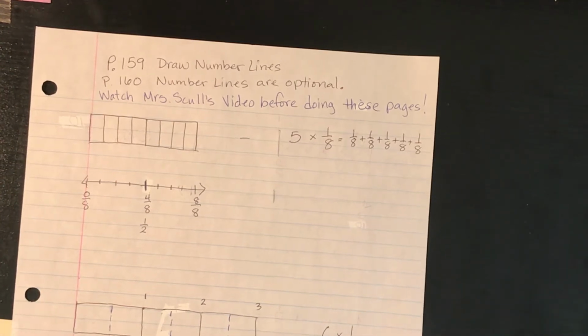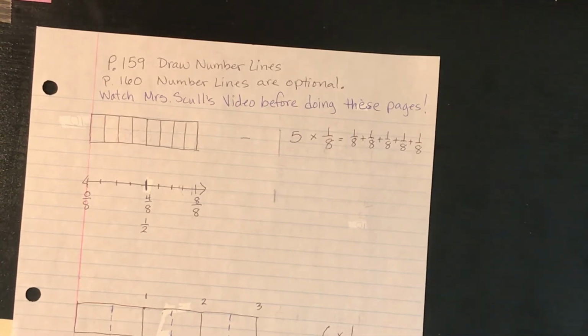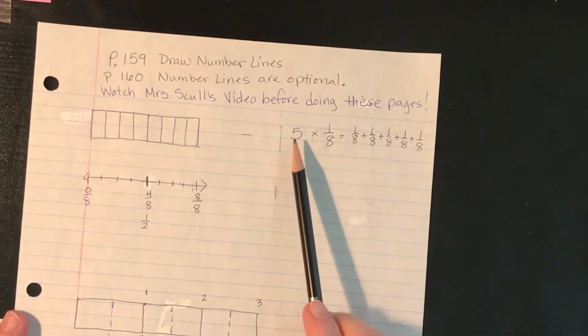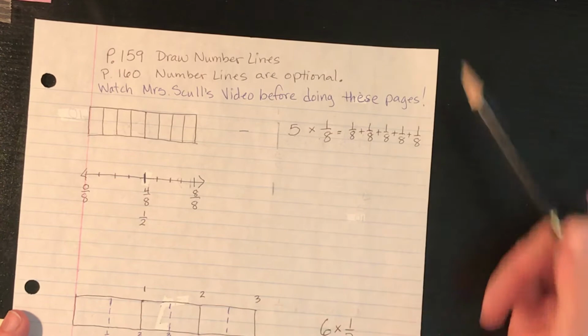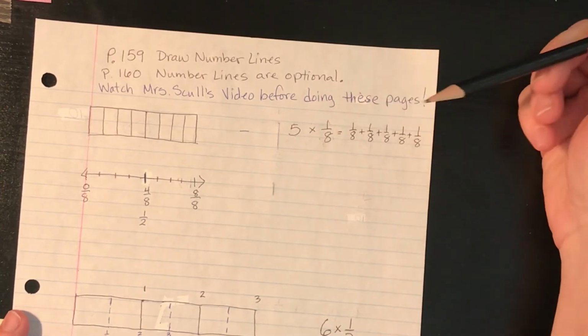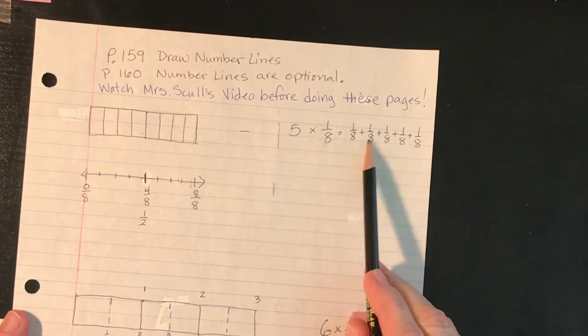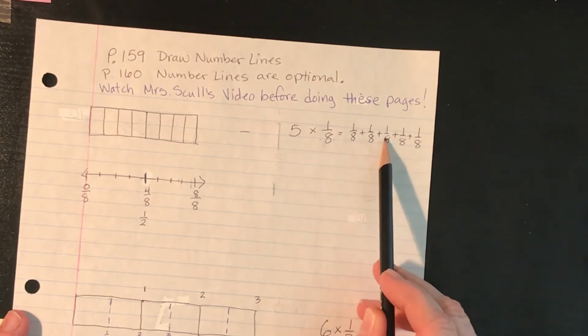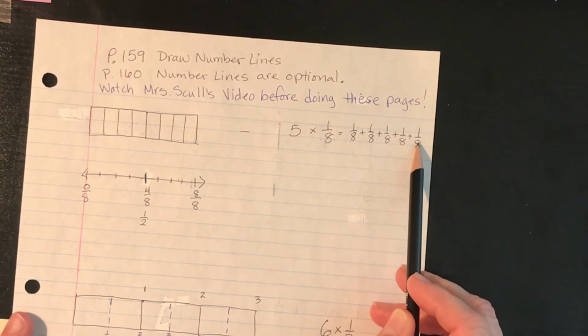So we're going to start with something that I know you already know how to do. Earlier this year, we worked on the idea of multiplying unit fractions. And we said 5 times 1/8 is the same as 1/8 5 times. 1, 2, 3, 4, 5 eighths.